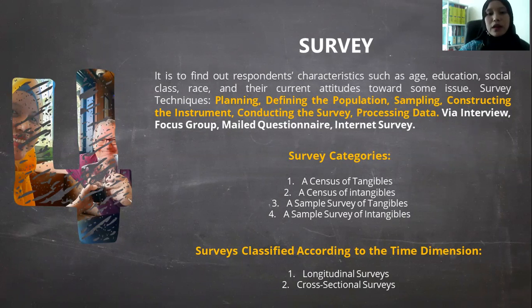For instance, you choose a simple random sampling of almost 1,000 bachelor degree students in the universities in Southeast Sulawesi. So do the sampling. It enables you to do your work easily and to focus. The next thing you have to do before doing the survey is construct the instrument.